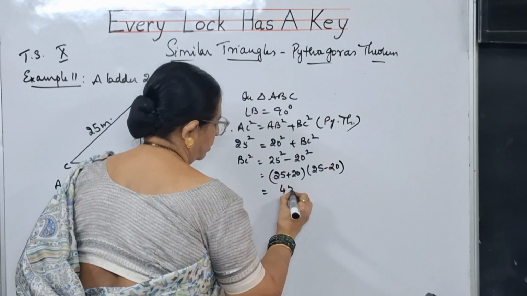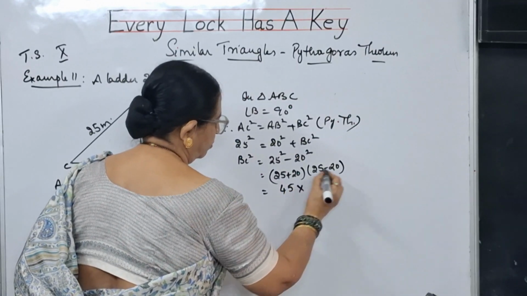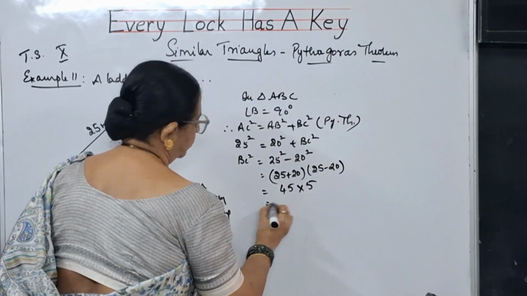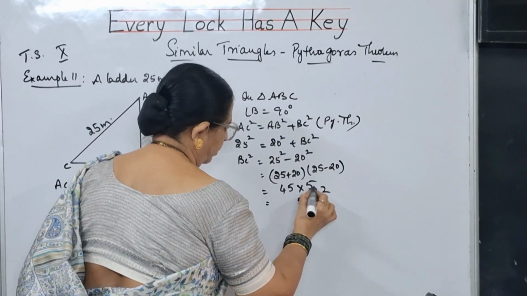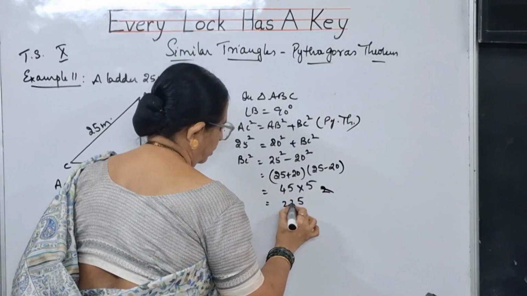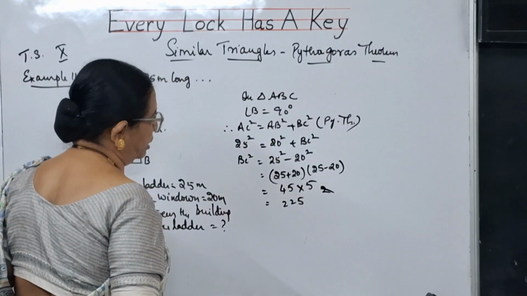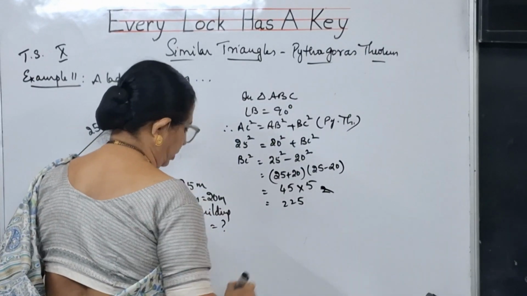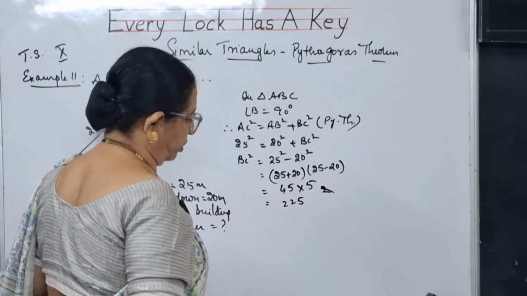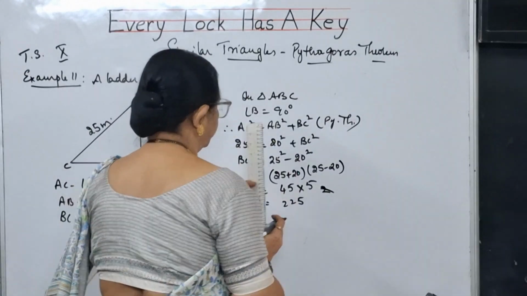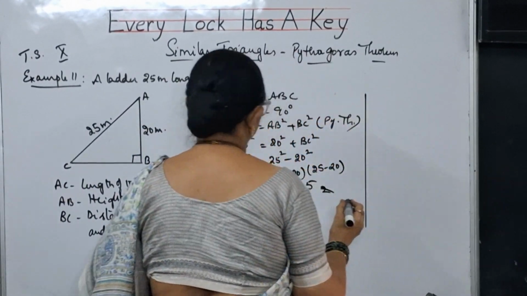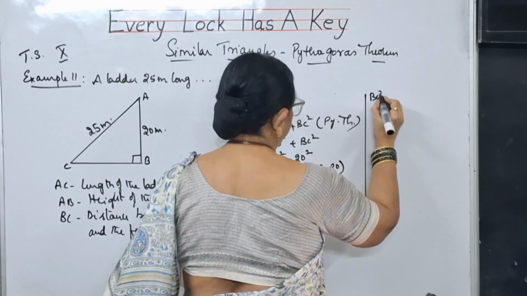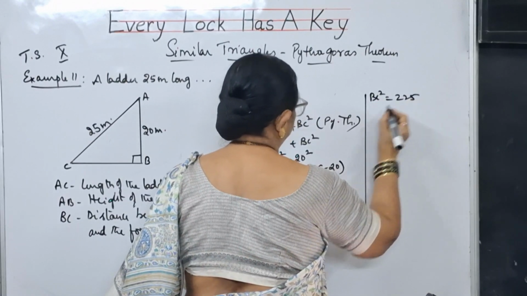This is 45 into 5. So how much are you getting, children? 5 fives are 25, 5 fours are 20, 22, 225. So BC square is equal to 225.